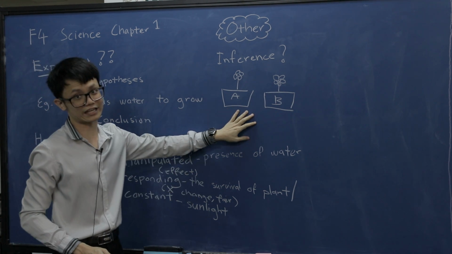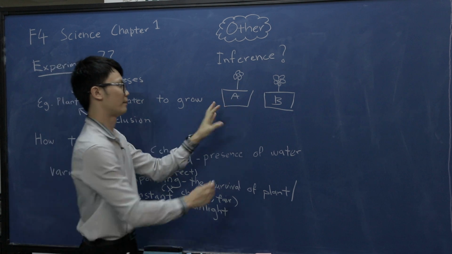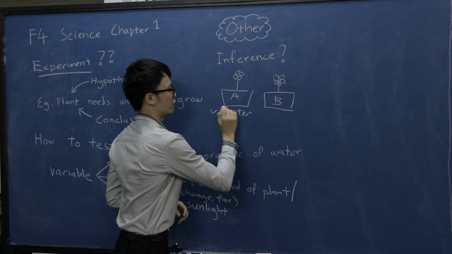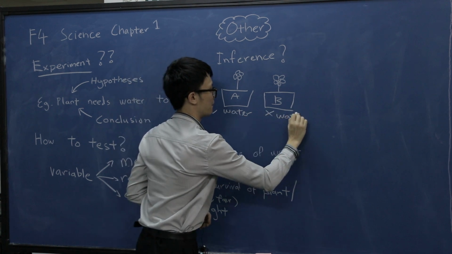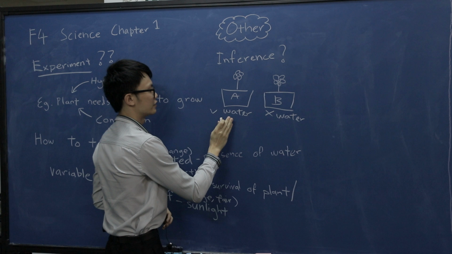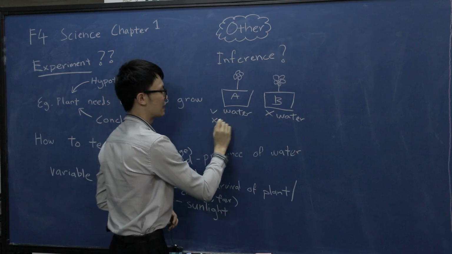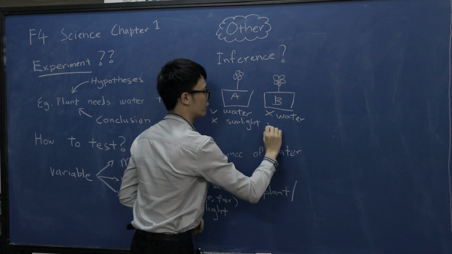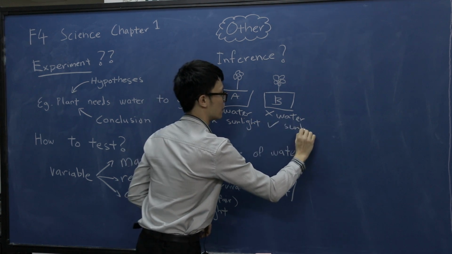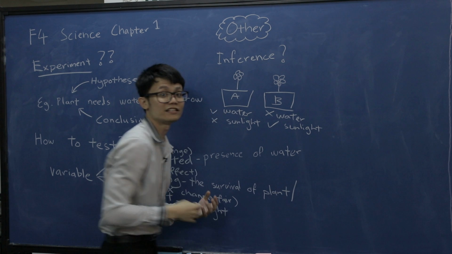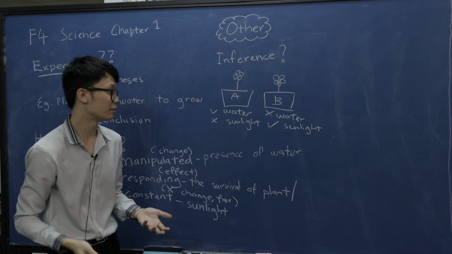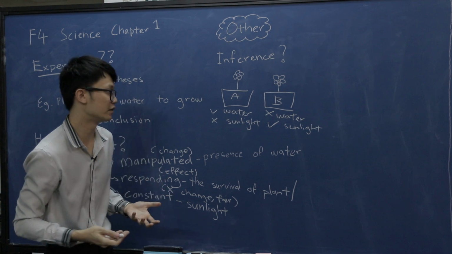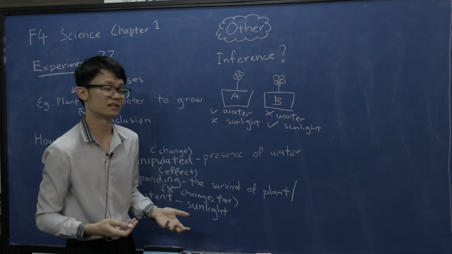But if in this experiment I put plant A with water, plant B without water, but plant A doesn't have sunlight and plant B has sunlight, can this experiment work? No, it can't, because this experiment won't be fair. You cannot test it, it's another variable. So the thing that we cannot change is the sunlight.